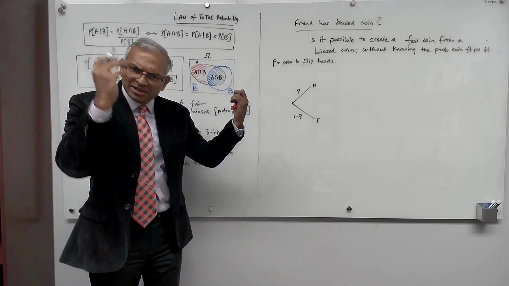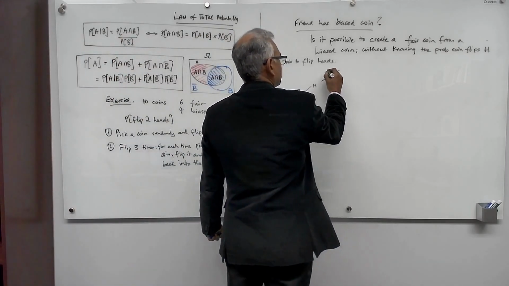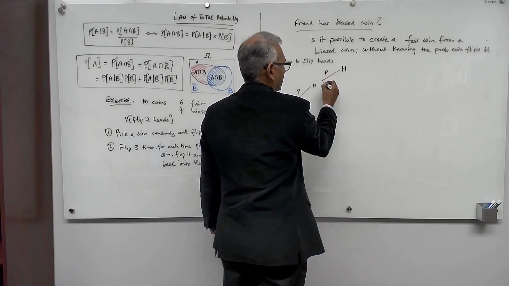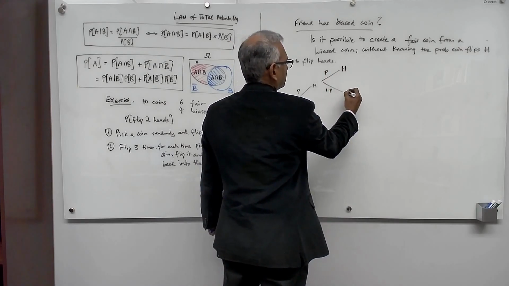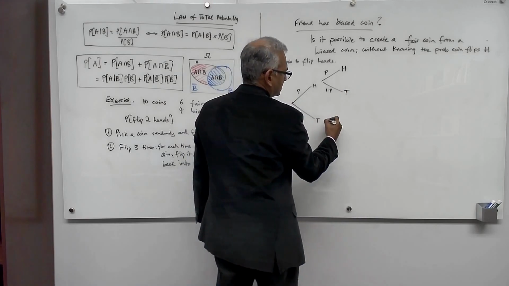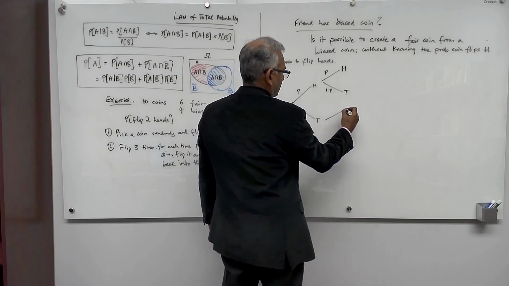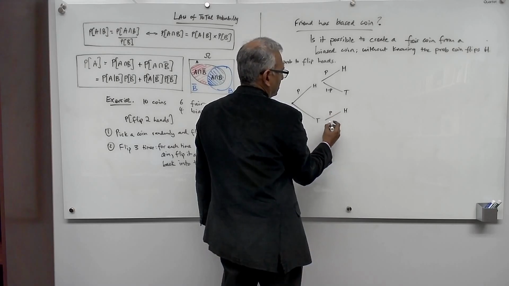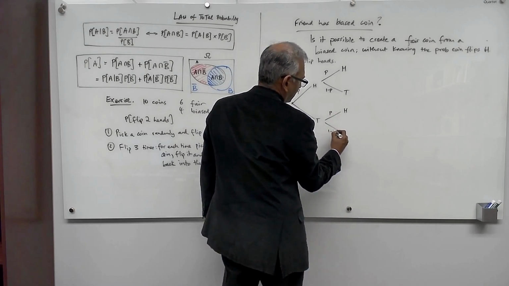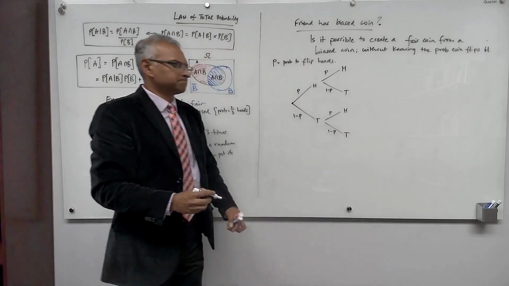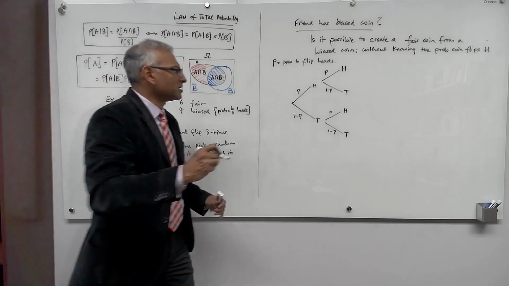Now, flip it again. If you flip it again, this is heads with probability P, 1 minus P it's going to be tails. And if you flip it again, in this case, it's going to be heads with probability P, and tails with probability 1 minus P. Okay, good. So these are the outcomes.